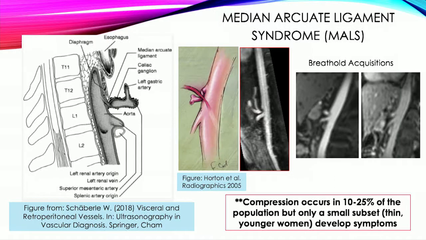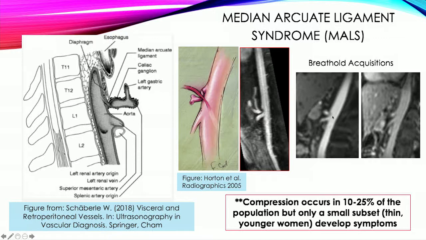Another cause of pain, not really ischemia, but more pain and problems with eating, postprandial pain and things like that, is median arcuate ligament syndrome. There's controversy about exactly the etiology. Normally, the median arcuate ligament, which is part of the diaphragm, can compress your celiac artery naturally as you inspire or expire.